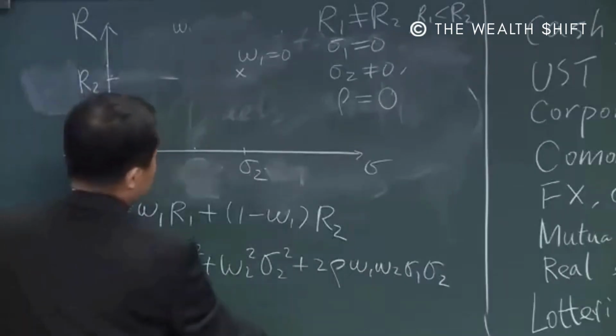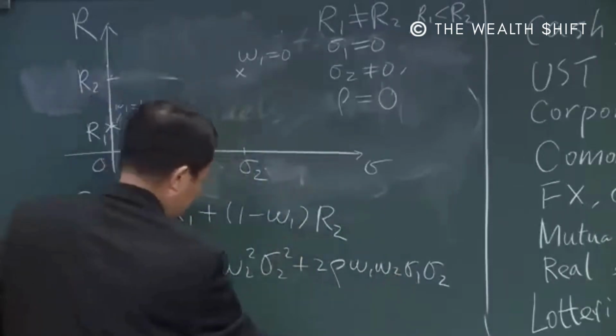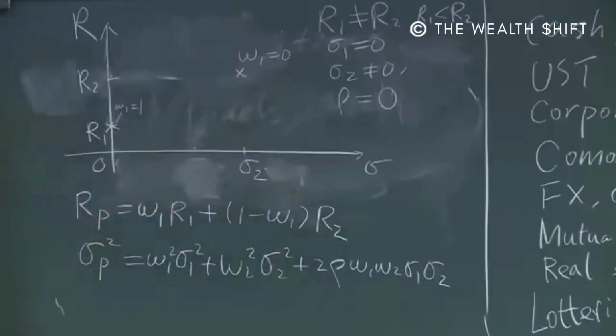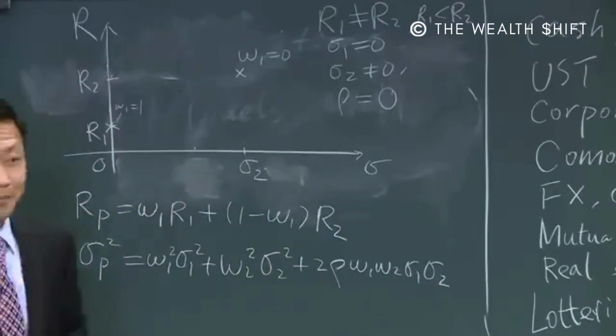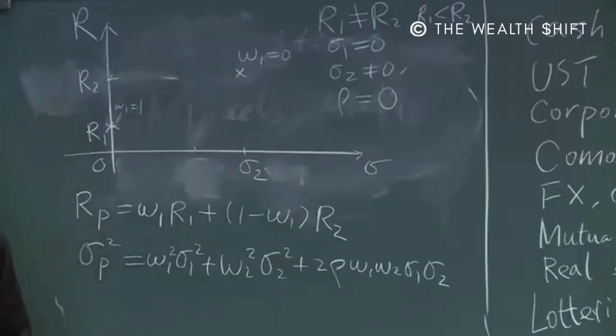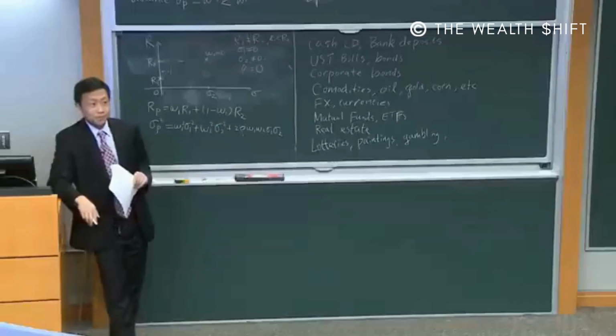So what's in the middle of your return as a function of variance? Can someone guess? Parabola? Should it be a parabola? Try again. Are there any other answers?